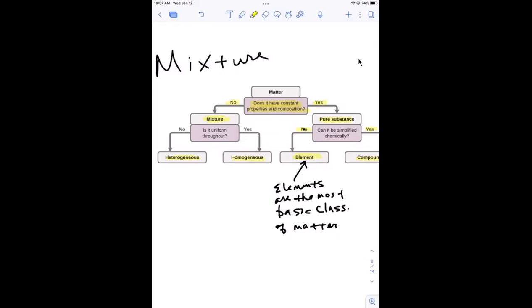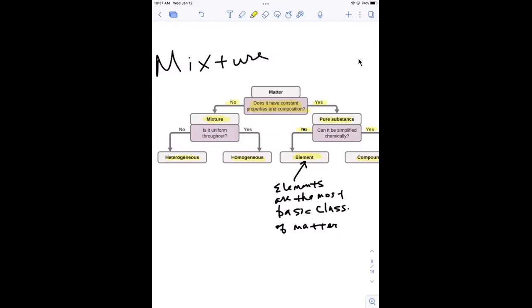If the pure substance can be broken down, it's a compound. If it cannot be broken down, it's an element. If it's a mixture and the mixture is uniform all the way through, in other words, it's a complete solution, everything is dissolved, it is homogeneous. If not, it's heterogeneous, right?